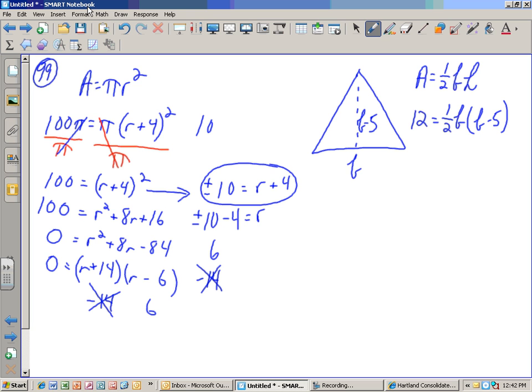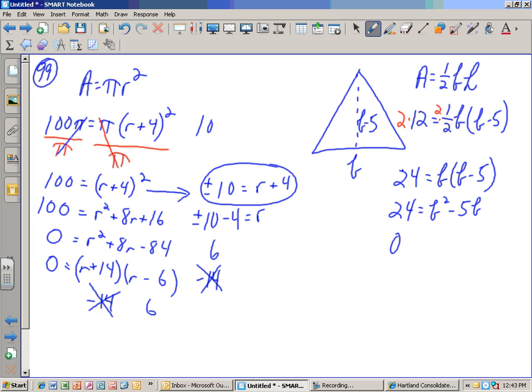Multiplying both sides of the equation by 2, the result is 24 equals b times b minus 5. 24 equals b squared minus 5b.